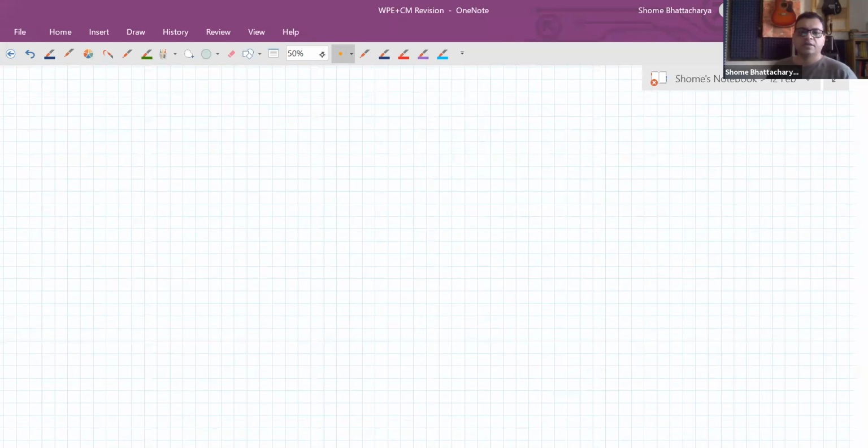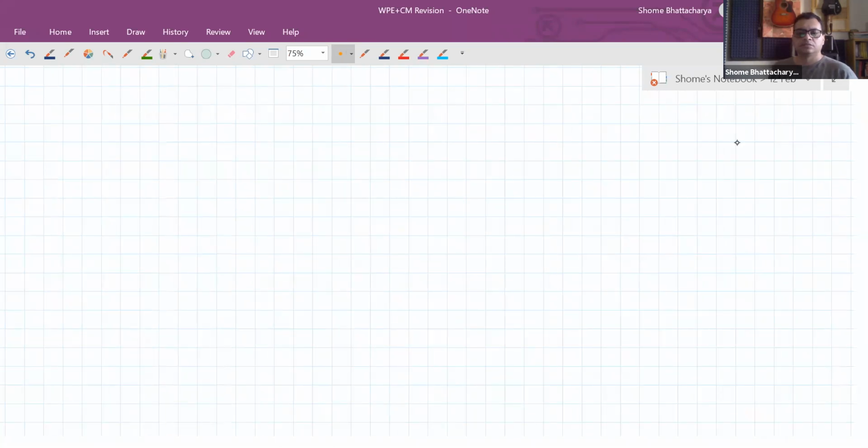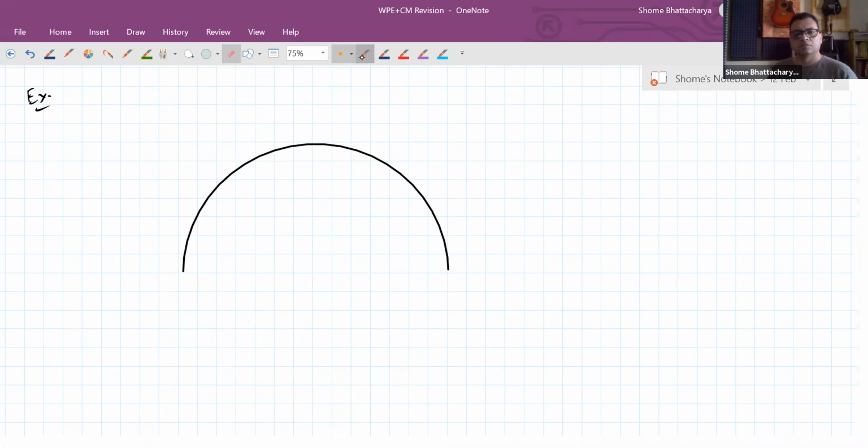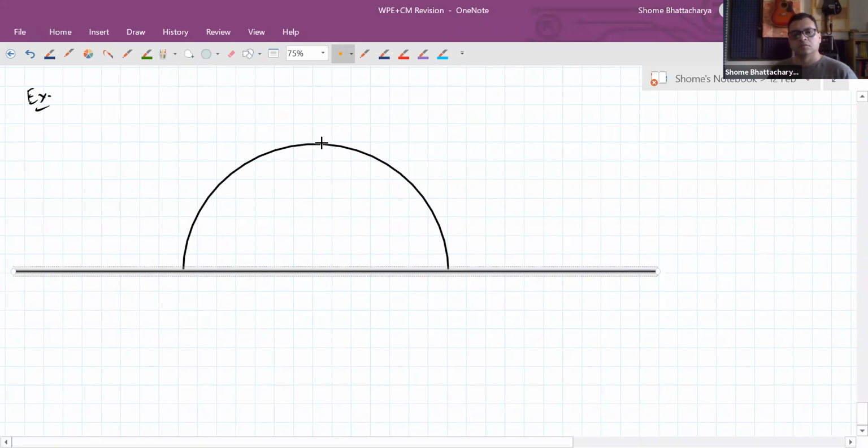Okay, let's look at another example of dynamics. So let's say this is some kind of a smooth hemispherical surface.